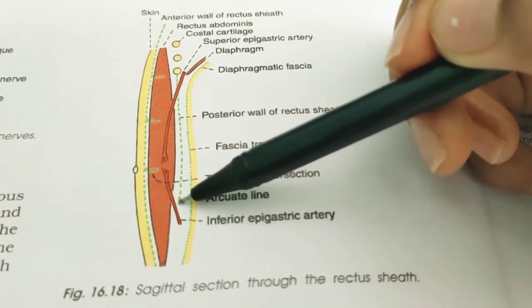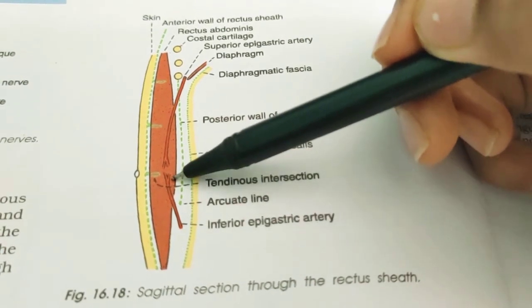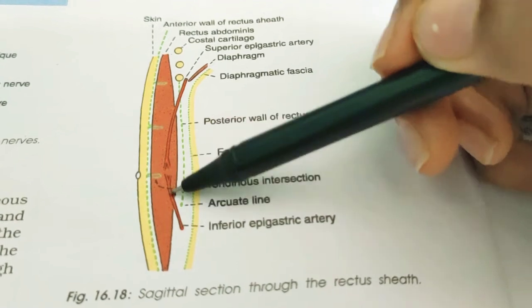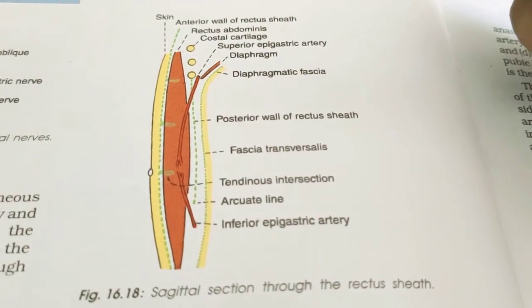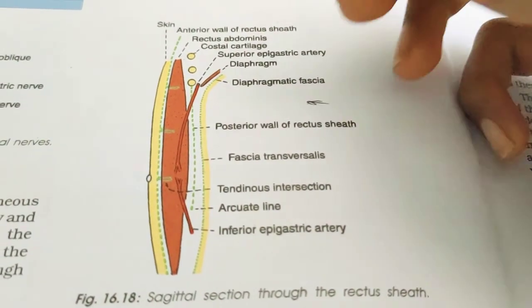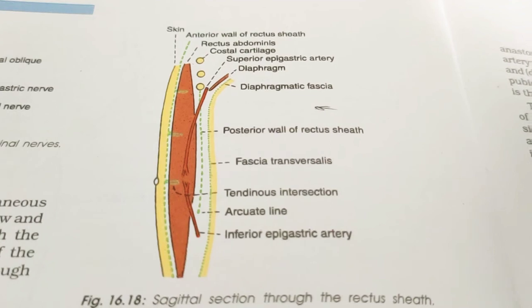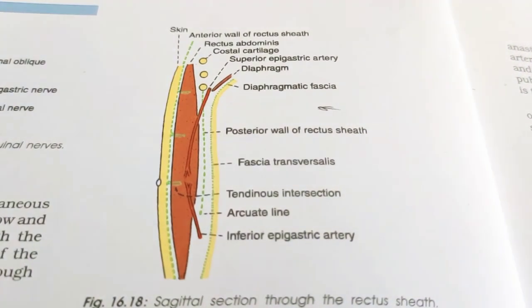Just below the arcuate line, the inferior epigastric artery will pierce the rectus abdominis, and they both will anastomose here. This is just a recalling of the superior epigastric artery by means of this diagram. So by this we completed the deep arteries of the anterior abdominal wall.